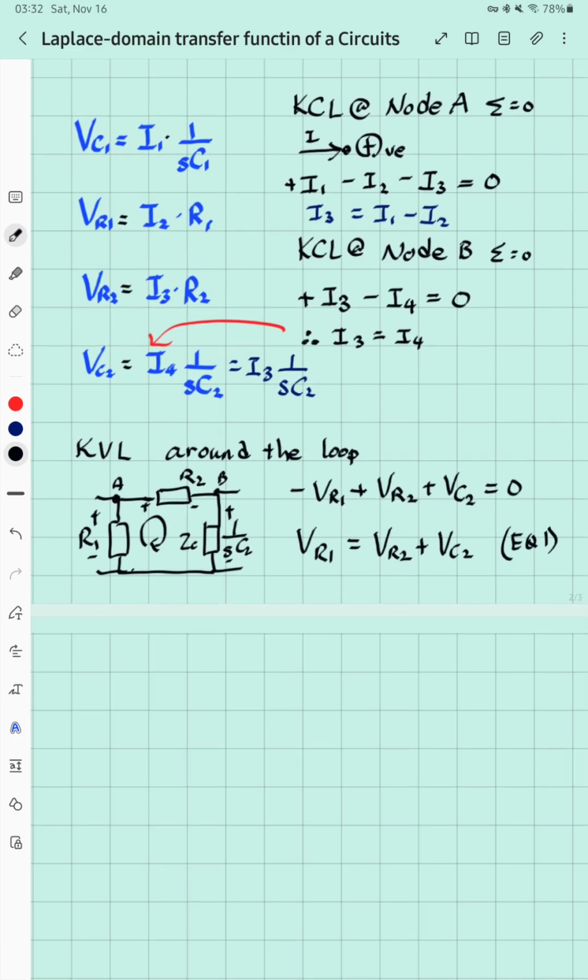So you replace exactly what VR1 is. From equation 1, I'm going to rewrite it here. That was I2 R1 equals VR2, which was I3 R2, plus VC2, which is I3 times 1 over SC2.